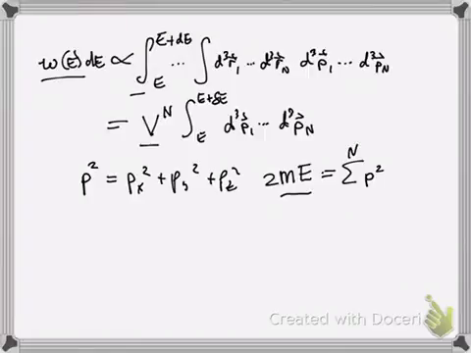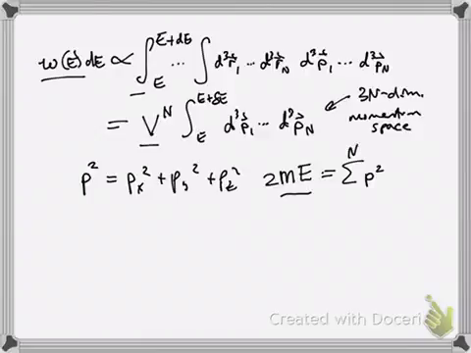Now, the total dimensionality of this space here, we've got a 3n dimensional momentum space. That means that, because there's an x and a y and a z for each of the particles, there's going to be 3n terms in this sum, right?